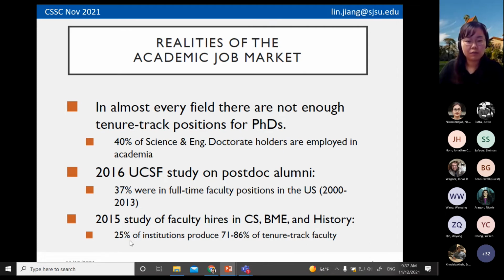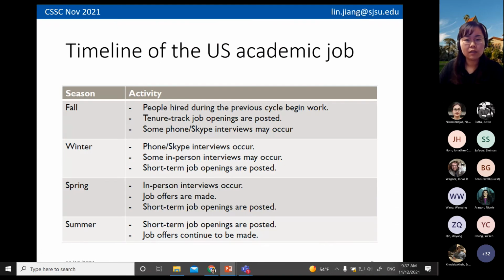So 25% of institutions produced 71 to 86% of tenure track faculty in computer science, biomedical, and history. So we are in a good position as we are engineers, but it's a very competitive market.